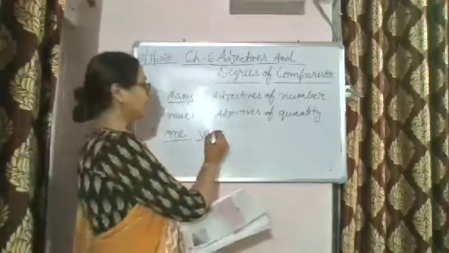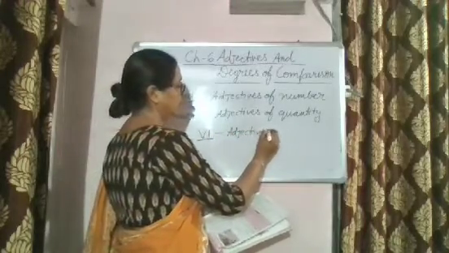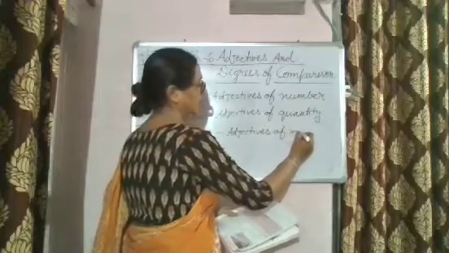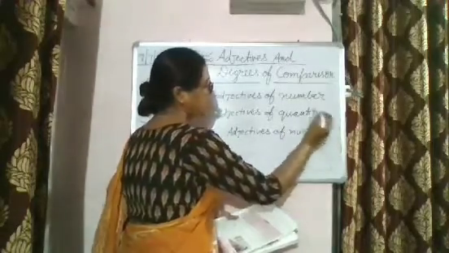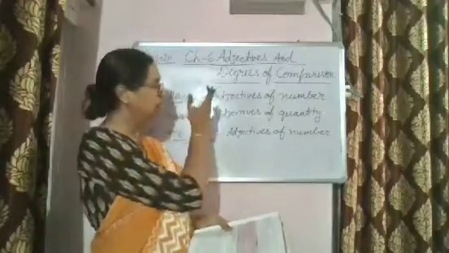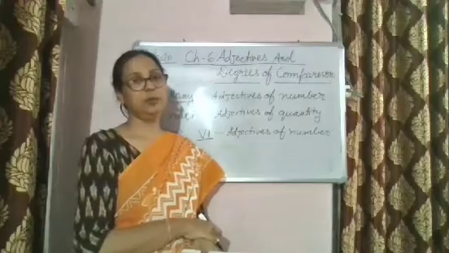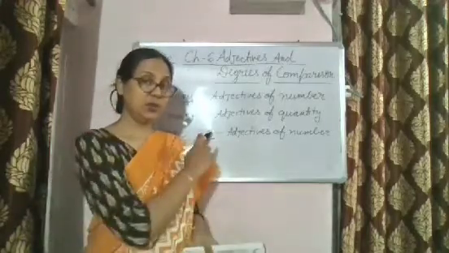So it is adjective of number. It is so simple. If you understood the concept of these kind of adjective, you are able to solve these exercises. It is very easy for you if you thoroughly understood this.